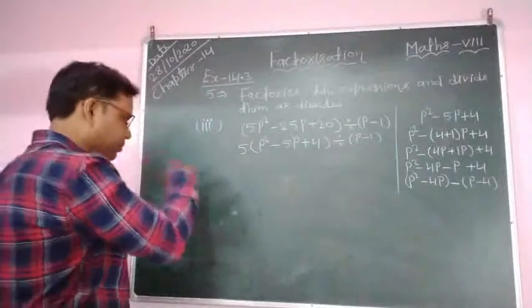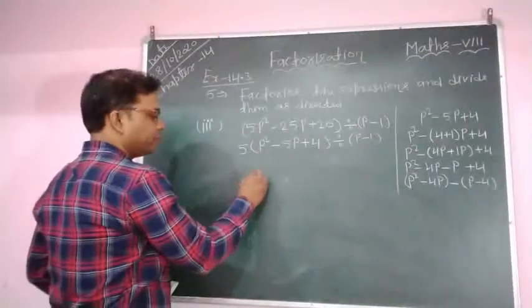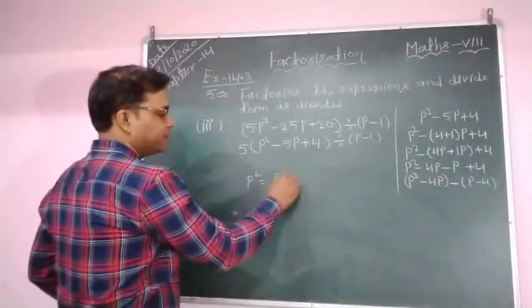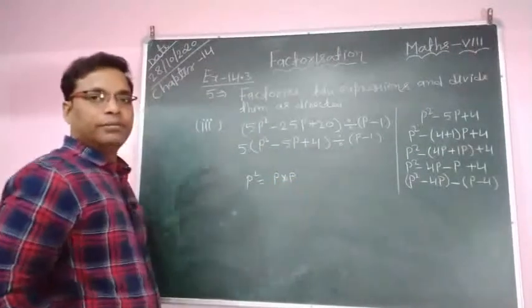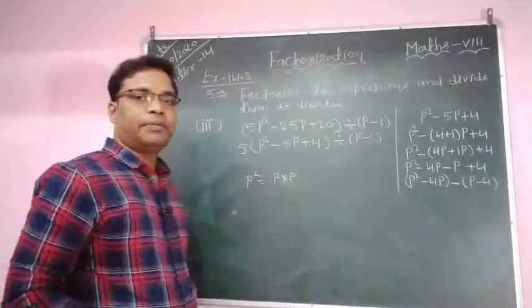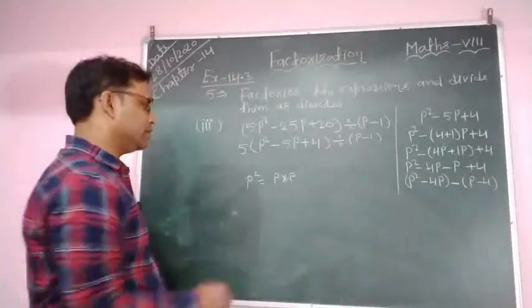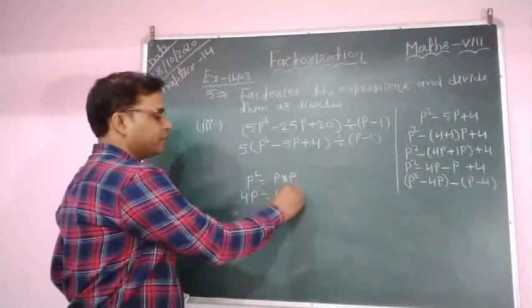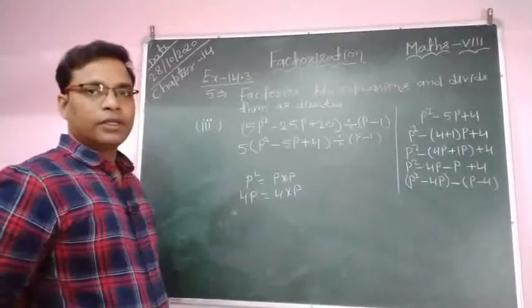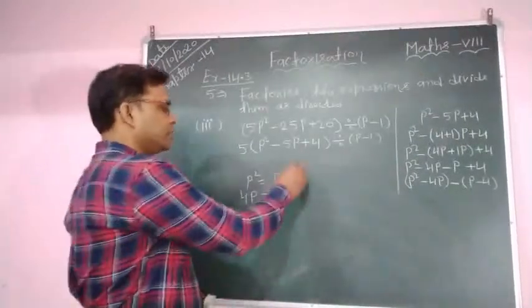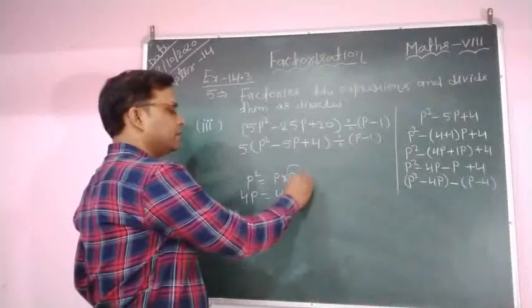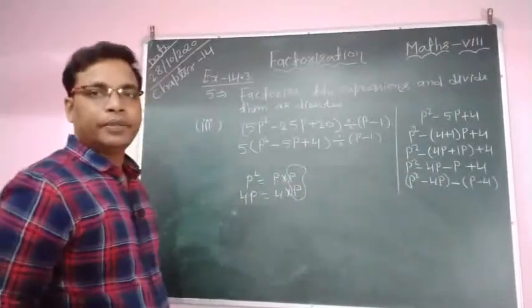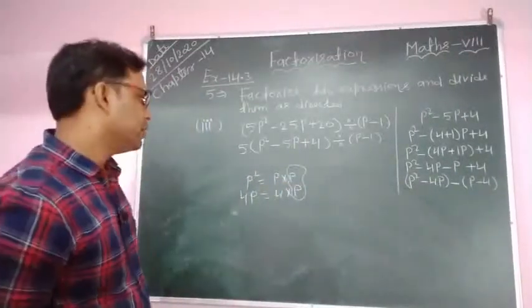In the first group, p square is p into p, and 4p is 4 into p. Here you can see p is common between them.